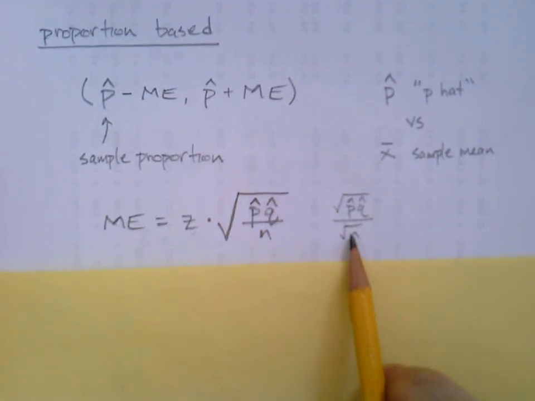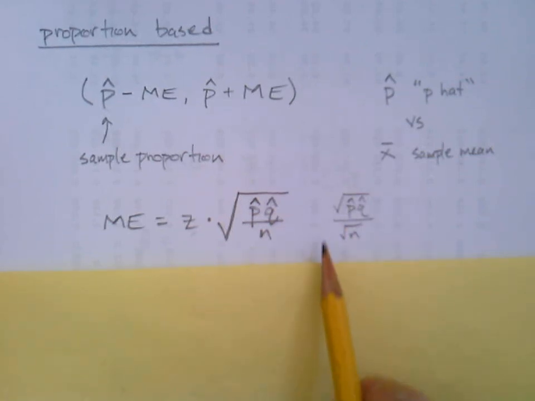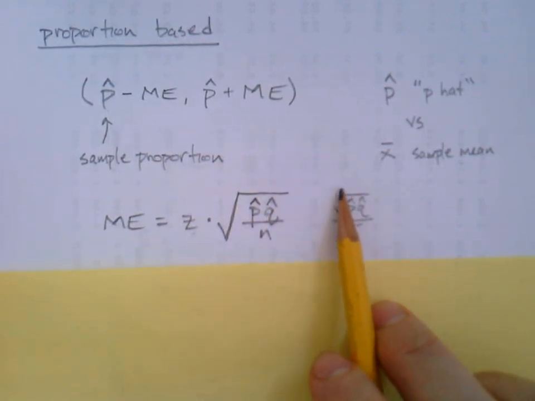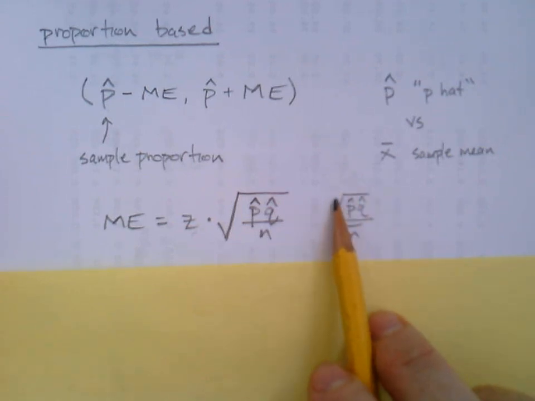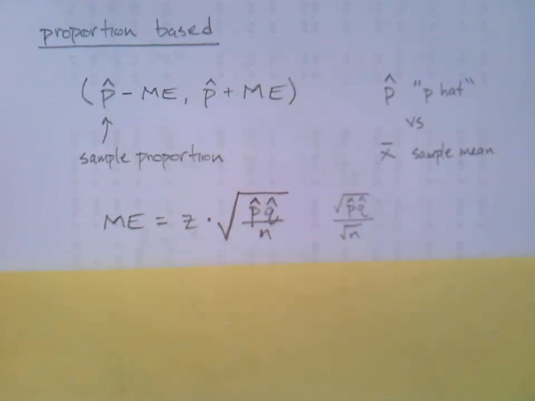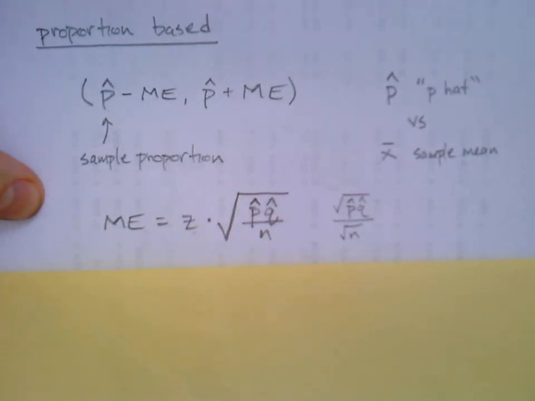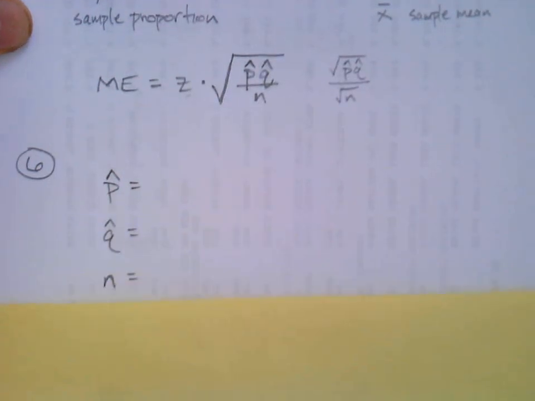It's dividing by square root of n. It just happens to be the top is the square root of p hat q hat. And if you're taking the square root of both, you can take the square root of the whole thing. So we can sort of make sense now, instead of a standard deviation, we've got this numerator going on. So a similarity. Okay, anyway, point is we just need to know these formulas. Let's get to practice problem number 6.